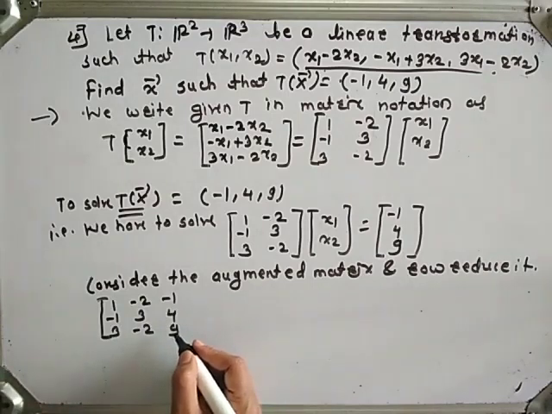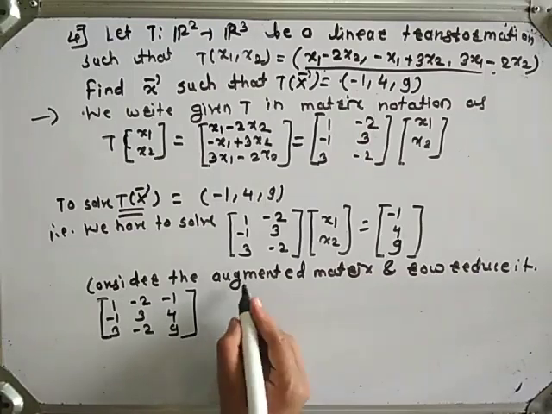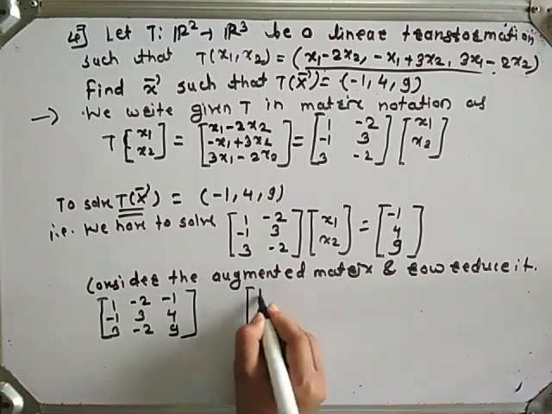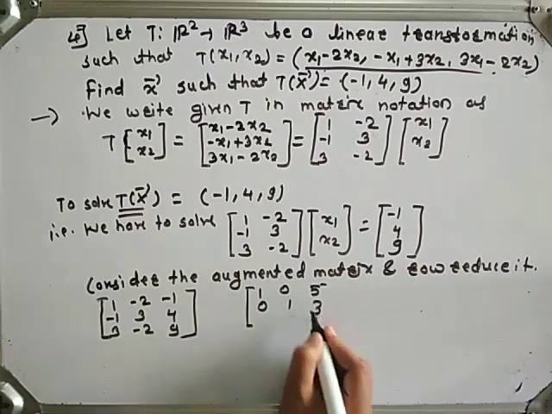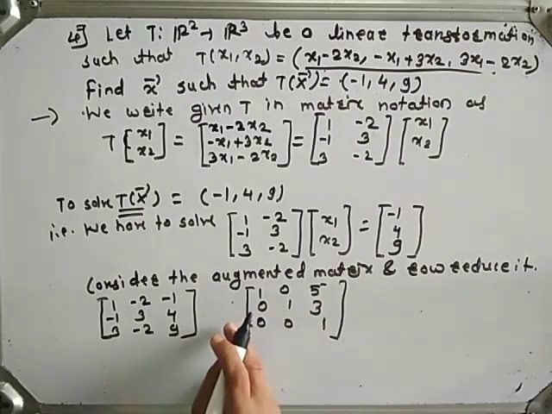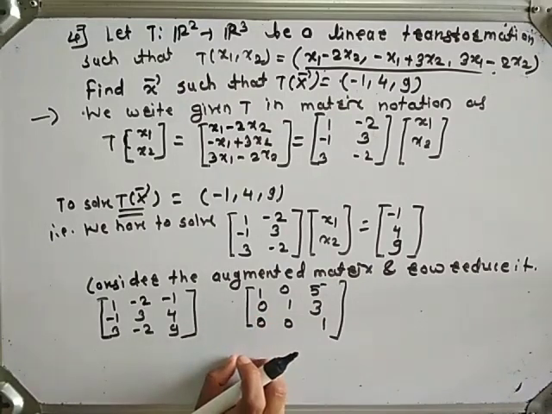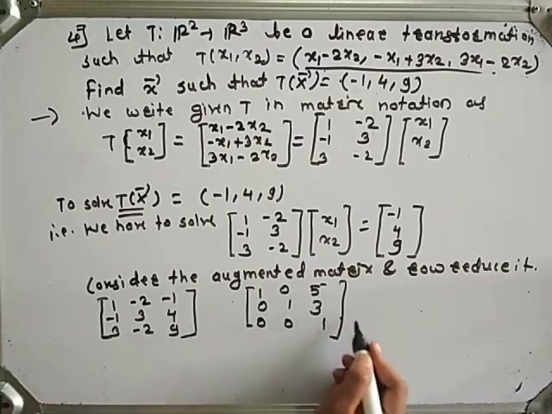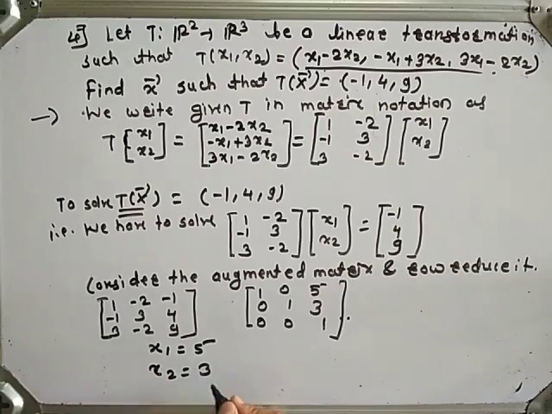Okay, its row reduced form is matrix 1 0 5 0 1 3 0 0 1. This is homework to you, obtain this row reduced form of this matrix. Okay, from this matrix you will get x1 is equals to 5 and x2 is equals to 3.